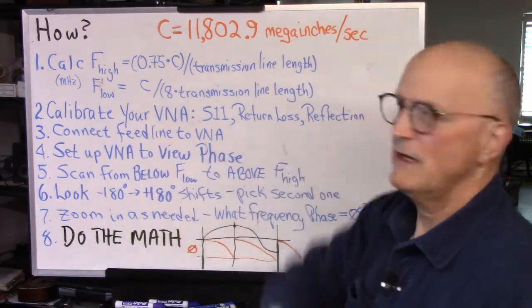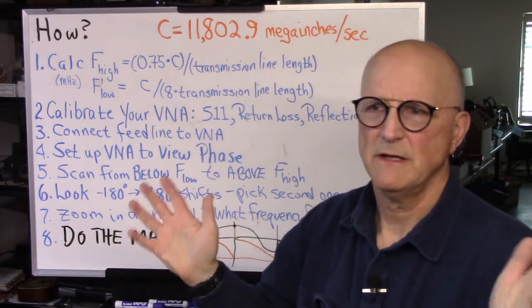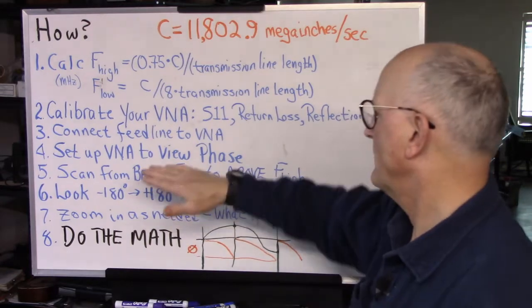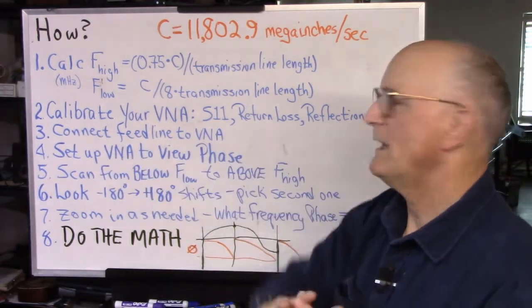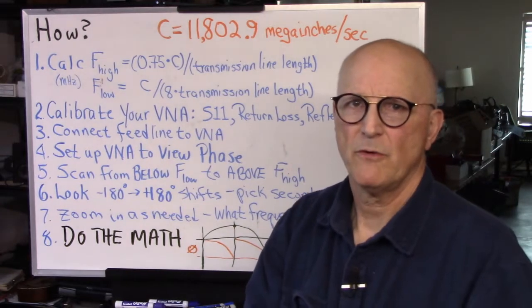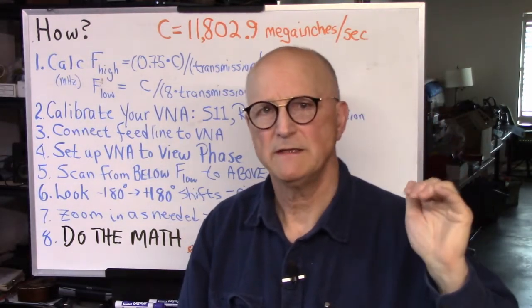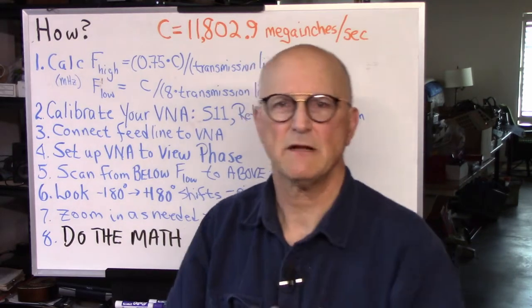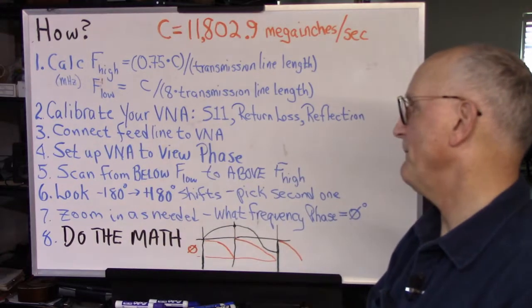Next, you can connect your feed line directly to your VNA. No special test jigs or anything, whatever it takes to connect it directly on. Set up your VNA to view phase. We're interested in those places where the phase is changing drastically and very quickly. So phase is what we're interested in.